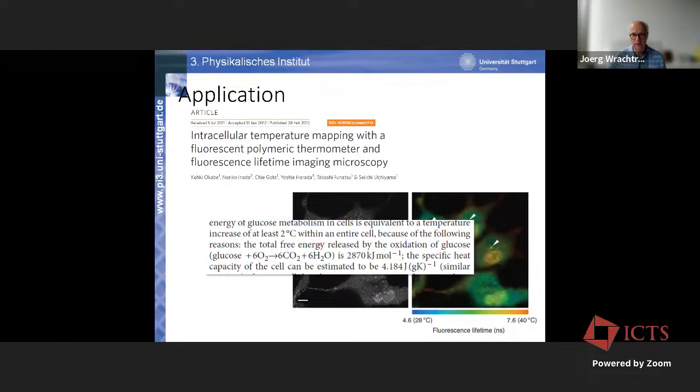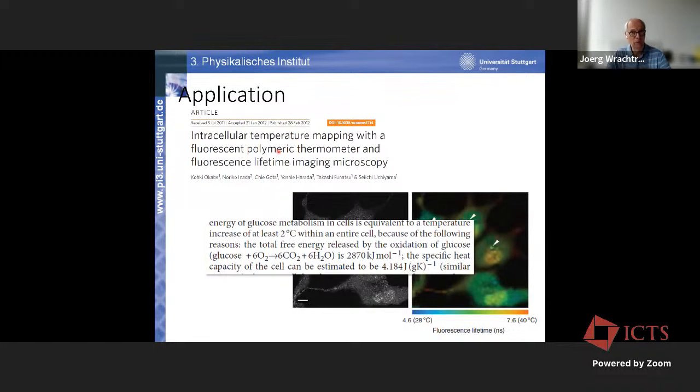Now, some time ago, like 10 years ago, people were speculating about whether there would be temperature differences in cells. Temperature is a very widely used parameter in biology to characterize exothermic chemical reactions.